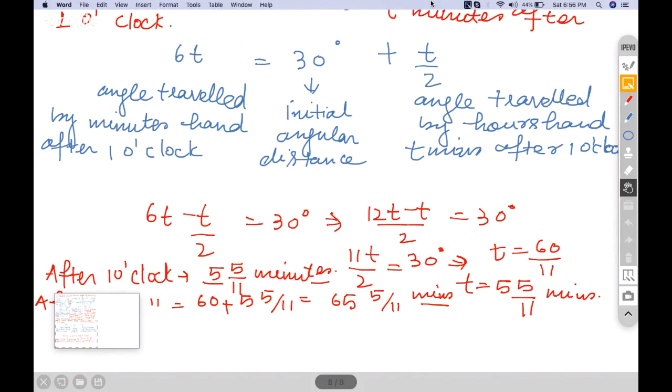Now you understood? Yes, no? Okay, now you solve the question. The hour hand and minute hand will meet each other after what time? How many times? Now you solve my first question and give me the answer.